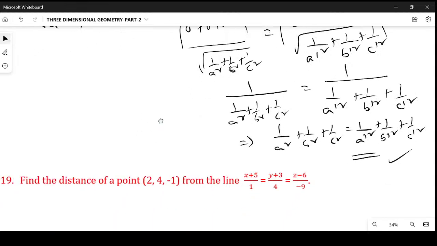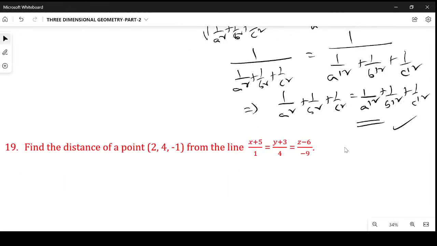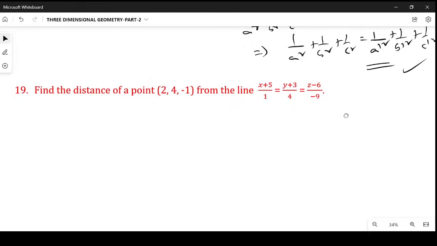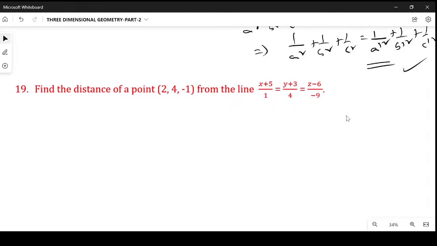Next one. Find the distance of the point 2, 4, minus 1 from the line x plus 5 by 1 equal to y plus 3 by 4 equal to z minus 6 by minus 9. When they are asking this, you can take the general point on this line and find the distance from the point 2, 4, minus 1 to the line.